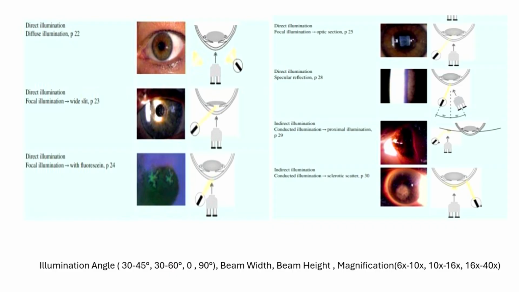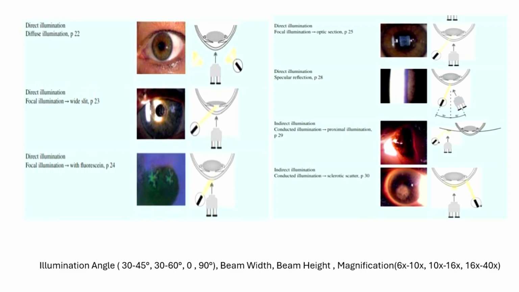So these are the various types of illumination. You can see this is the diffuse illumination, with observation and illumination. Here an angle is formed. This is the illumination angle, and it ranges from 30 to 45 degrees, 30 to 60 degrees, 90 degrees, 0, like that.